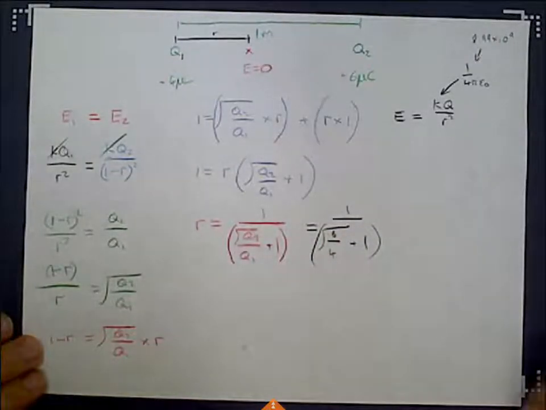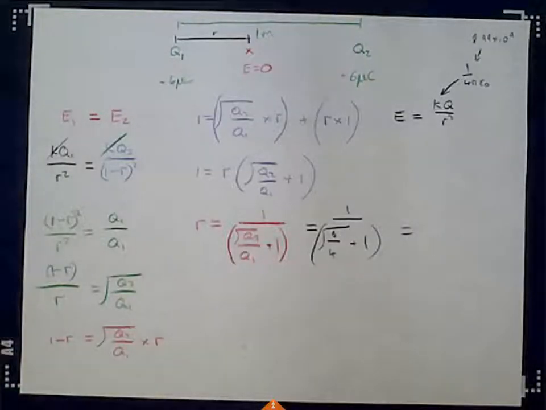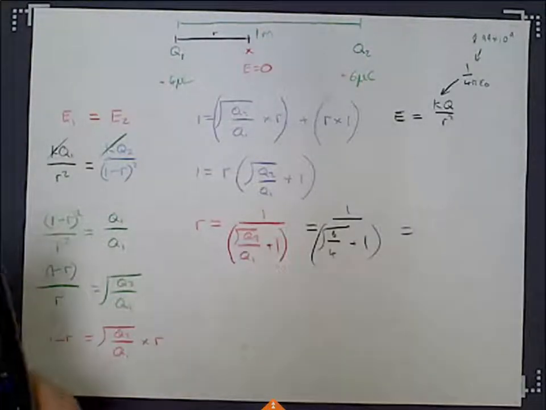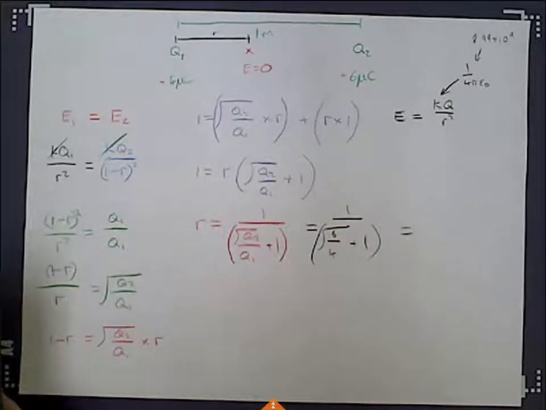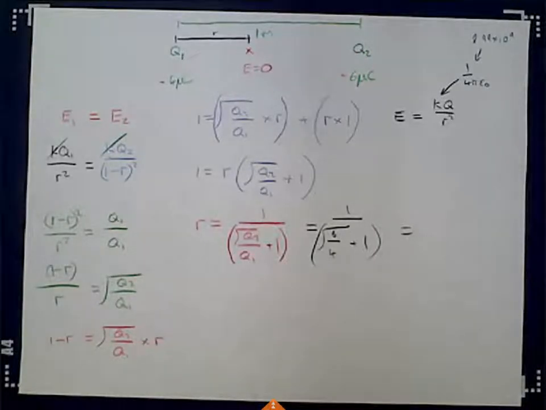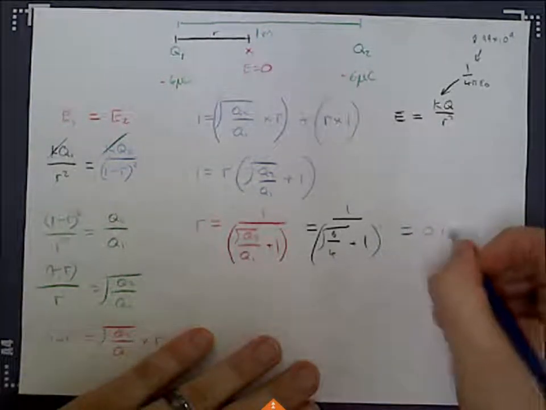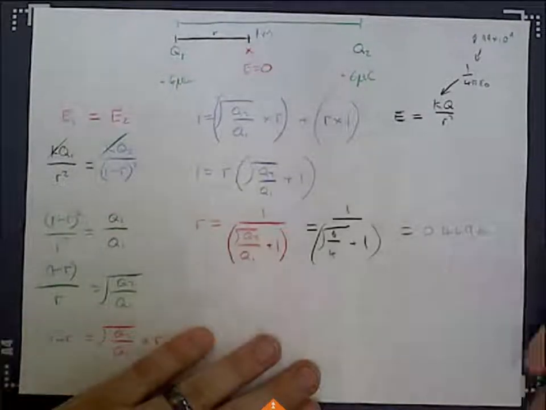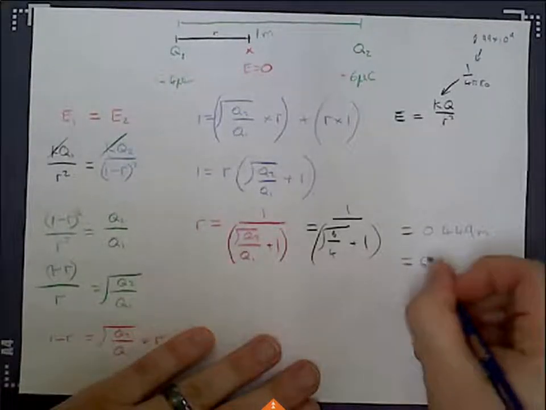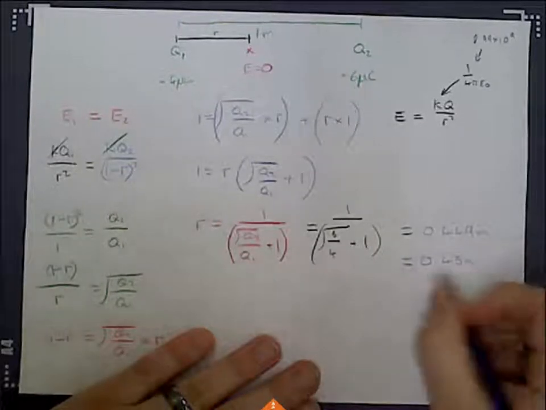And when we work that out on our calculator, give me a moment while I work this out. I can't do this math in my head. We get an answer of 0.449, which for all intents and purposes is 0.45 meters.